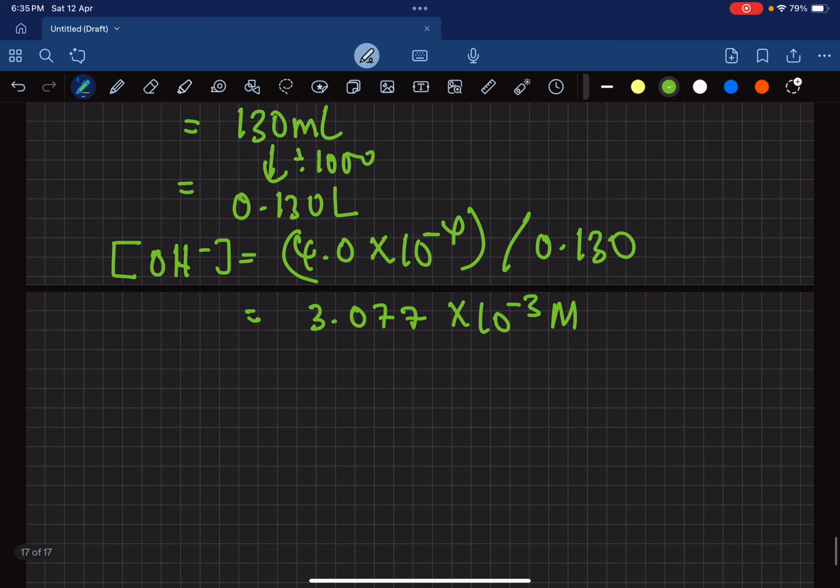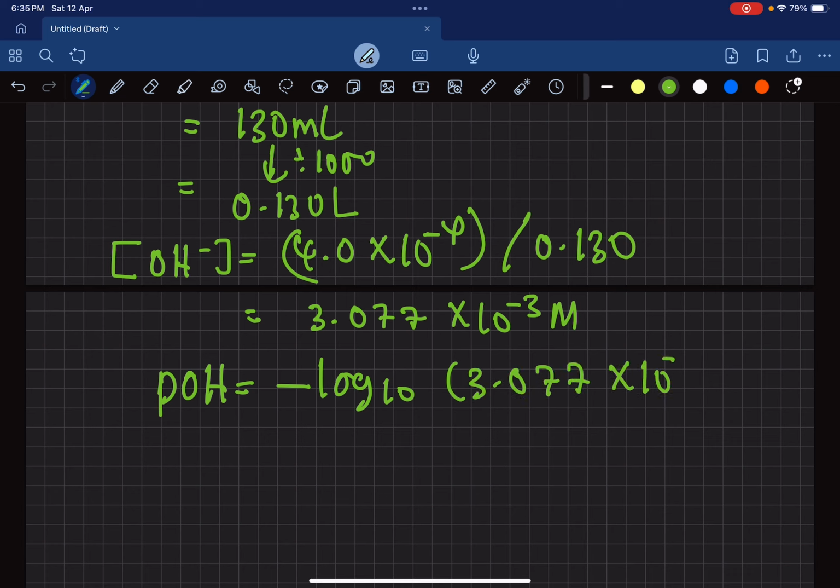That's the molarity of the hydroxide. So pOH will be negative log of 3.077 times 10 to the power of negative 3 molar. Let me log this. I get 2.51.